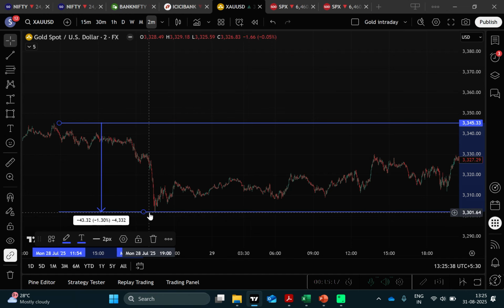By the way, this intra-range concept works more than 85% of the time. Out of 100 days, if you keep calculating like this, it's going to miss like 14 to 15 times. So, which is 85% accuracy, which is very good, right? As an intraday trader.